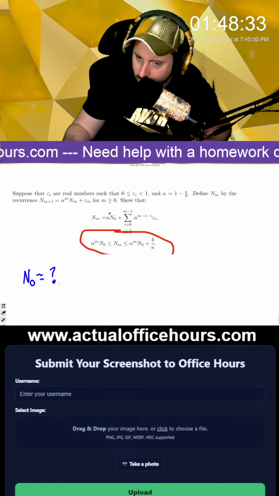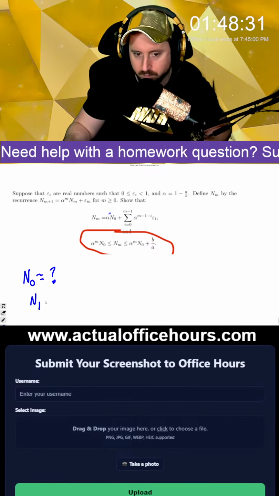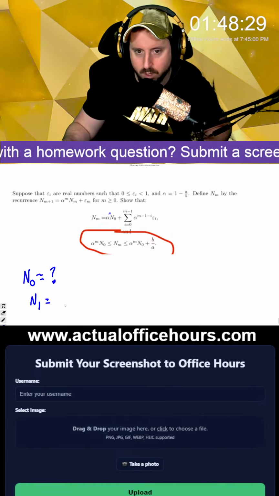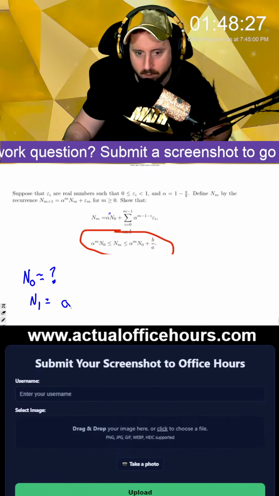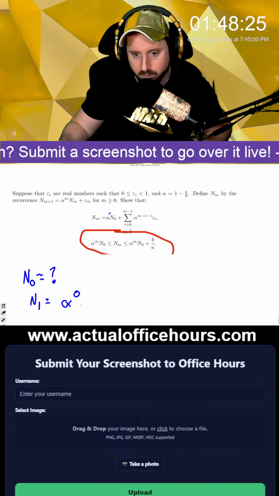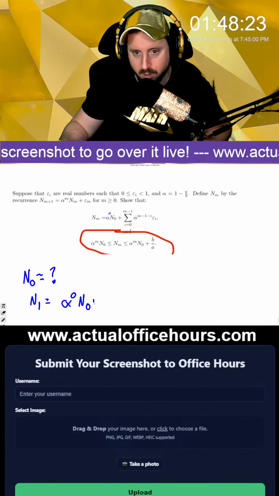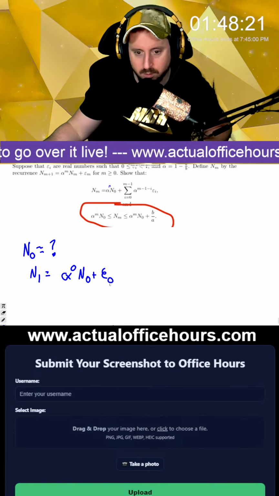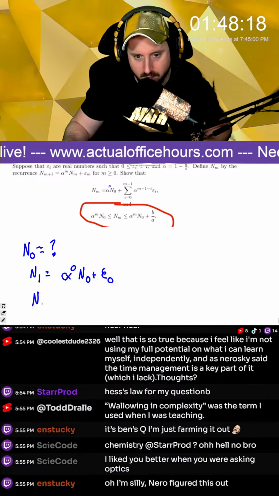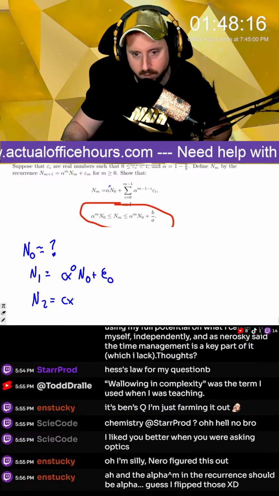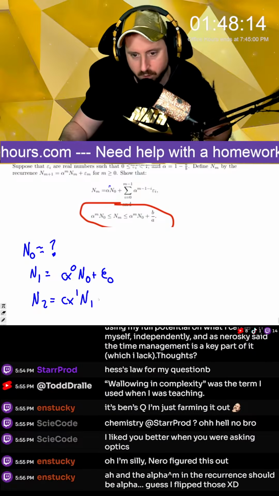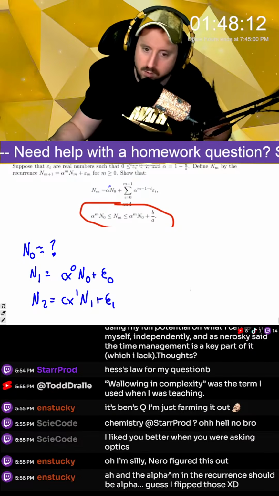But then N1 should be a real number, alpha to the 0 times N0 plus epsilon 0. And then N2 would be equal to alpha to the 1 times N1 plus epsilon 1, and so forth.